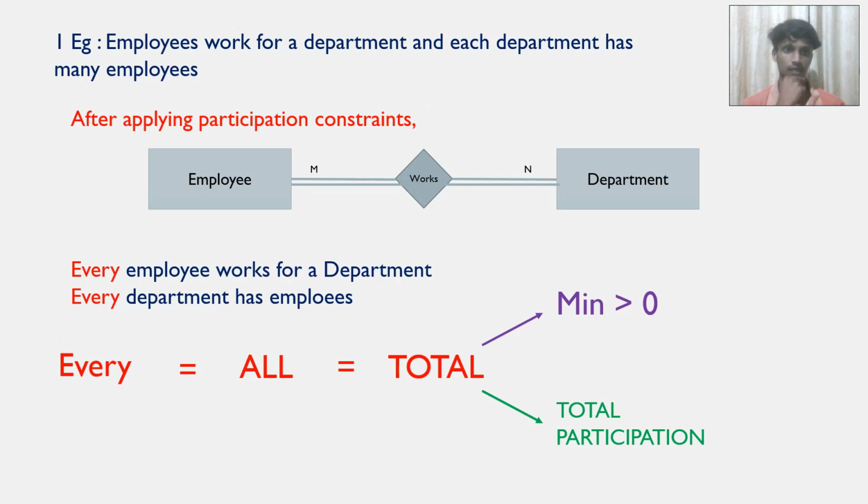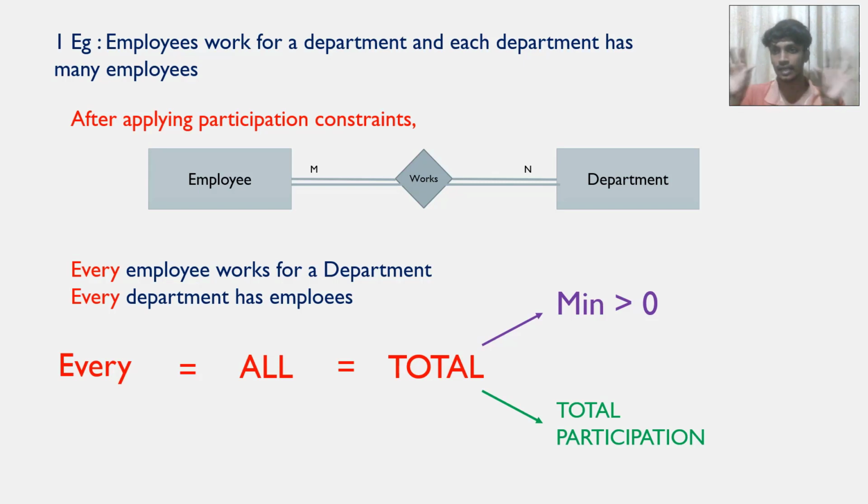Okay, so in the example, an employee works for a department and each department has many employees. So why have I defined this as total participation and this as department participation? As I explained, on both sides there should be at least one. In this context, all the employees are working for some department and every department has employees.